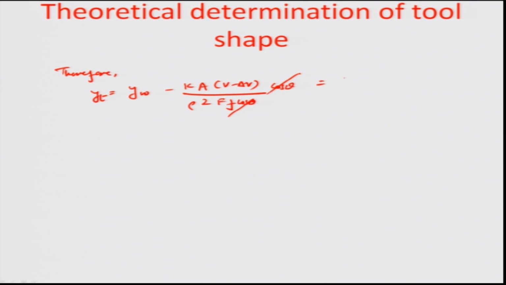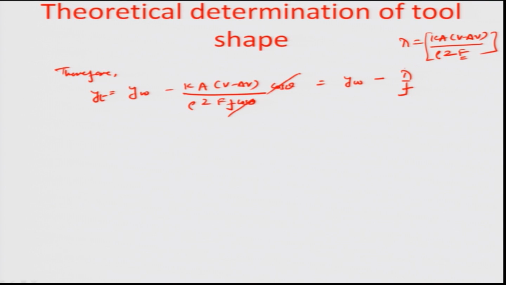We are left with y w minus lambda by f, where lambda is this whole expression kappa A V minus delta V divided by rho z F capital.